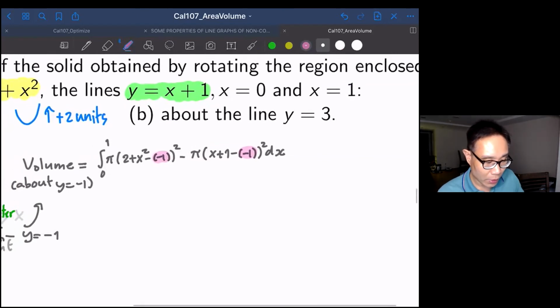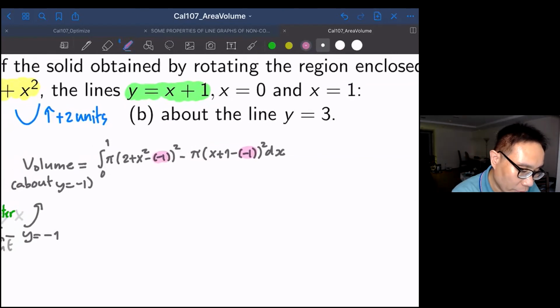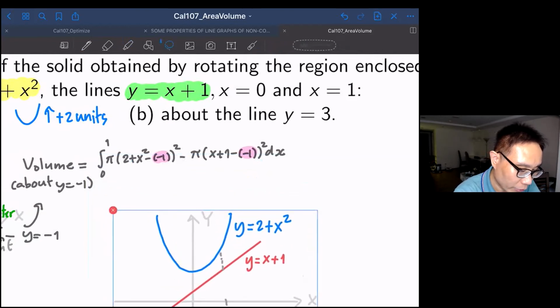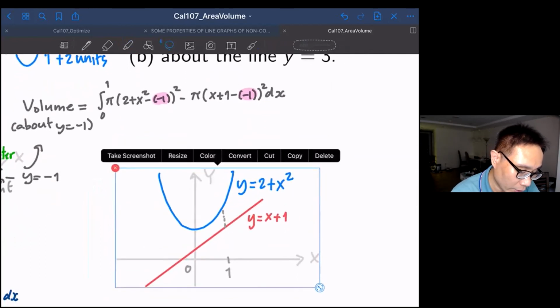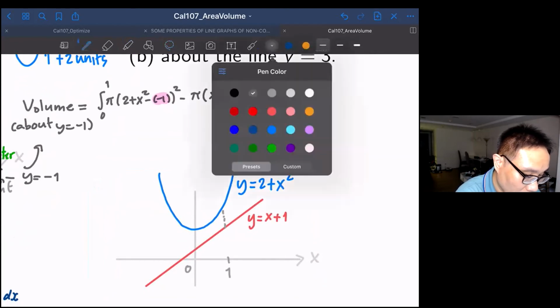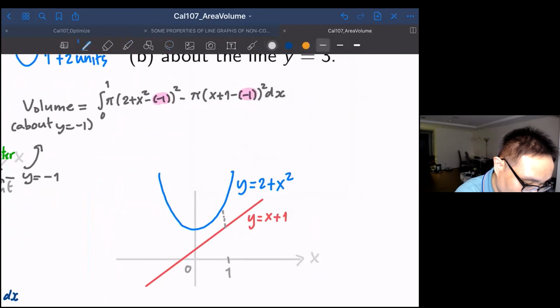How about if you rotate this one about the line y equal to 3 instead? What will change? The thing that will change turned out to be, let me draw this one a little bit longer. So you get this, and you have y.